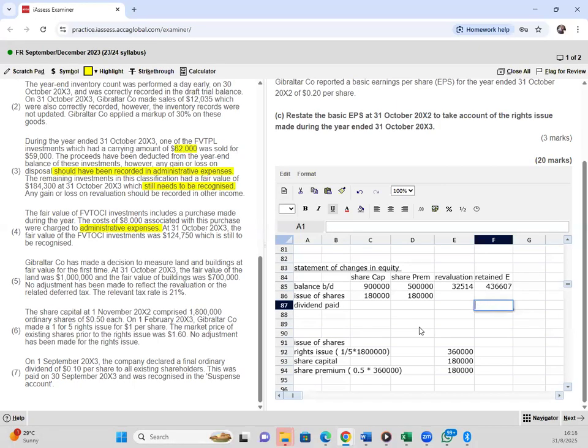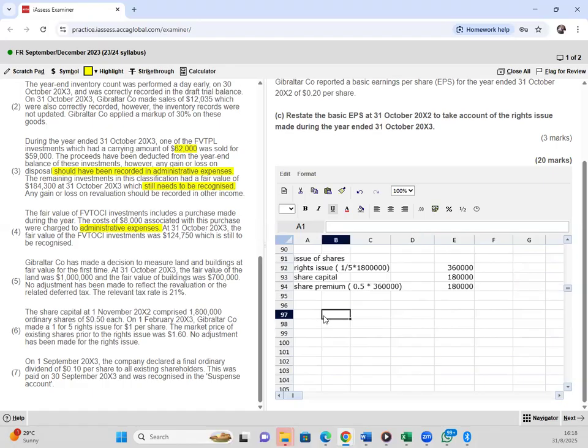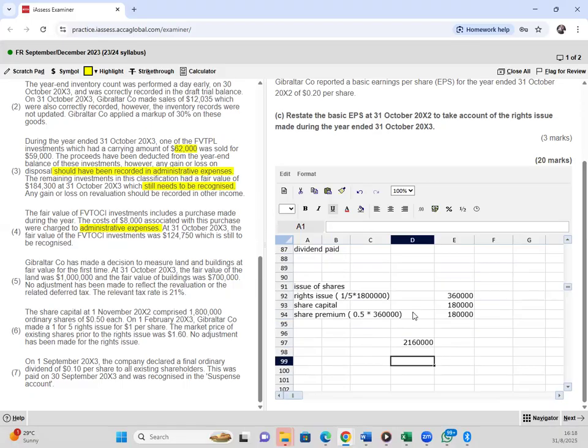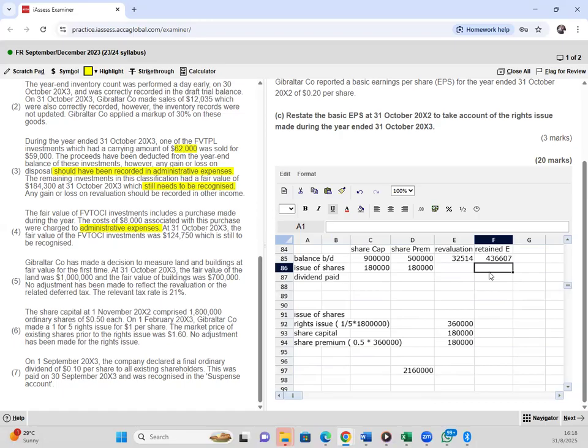We originally started with 1.8 million and added 360,000 shares. So now the number of shares is this. The dividend paid is 10 cents per share.